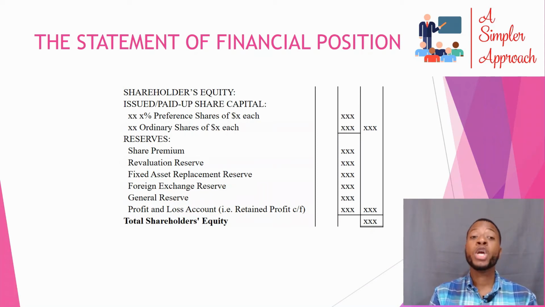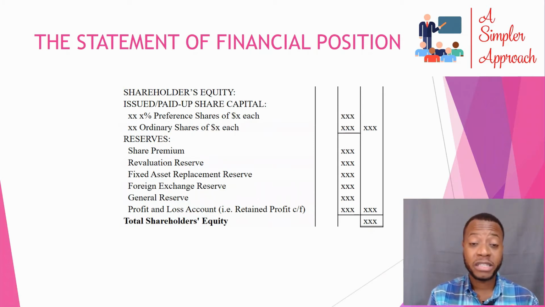Now to our reserves. All the reserves that the entity has are placed right there. Share premium, and these are just examples: share premium, revaluation reserve, fixed asset replacement reserve, foreign exchange reserve, general reserve.